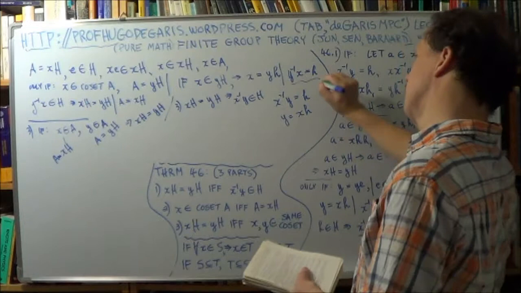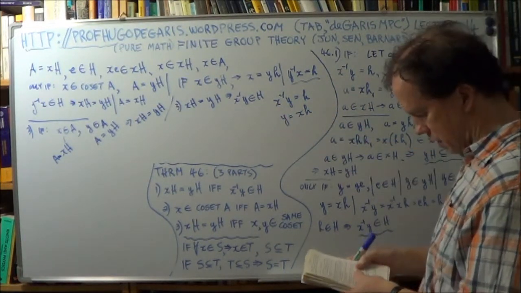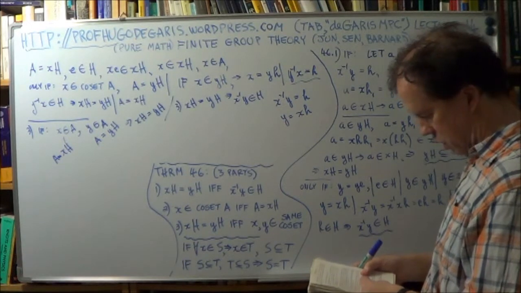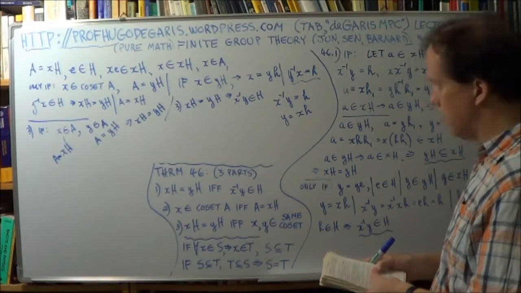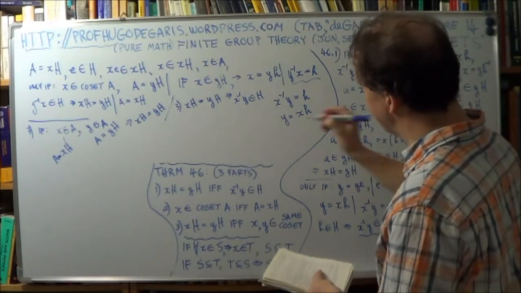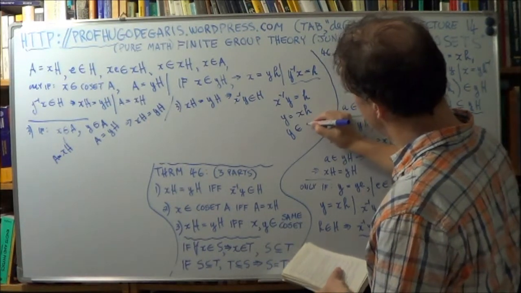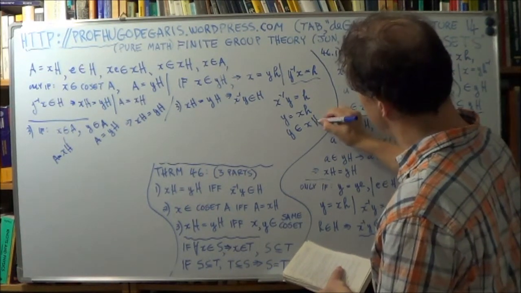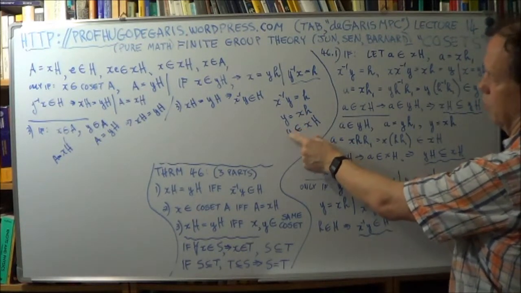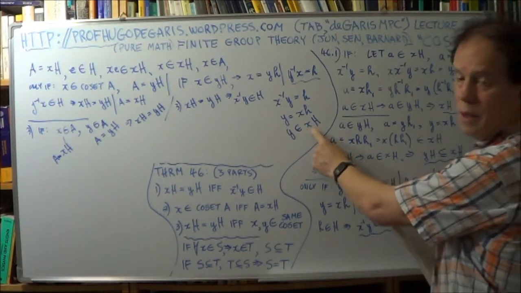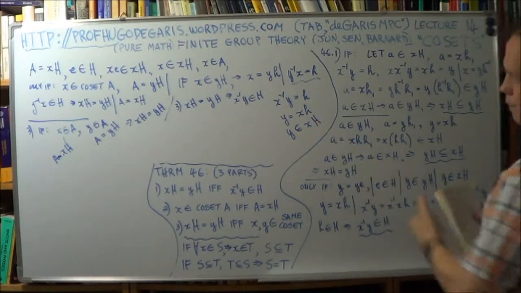Just take the x, pre-multiply by x, so you get y equals xh. Alright, so that means that y must belong to this, right? If y equals of that form, y must belong to the left coset xh, because it's of this form, okay?